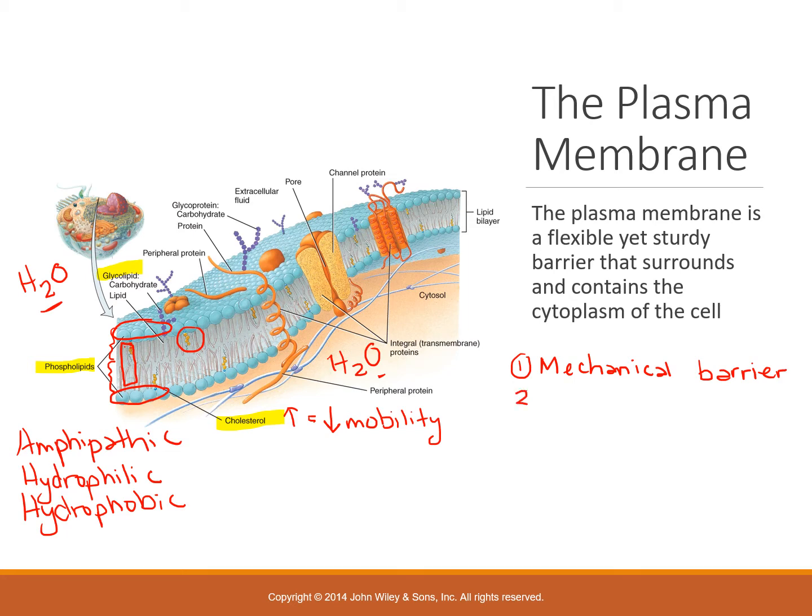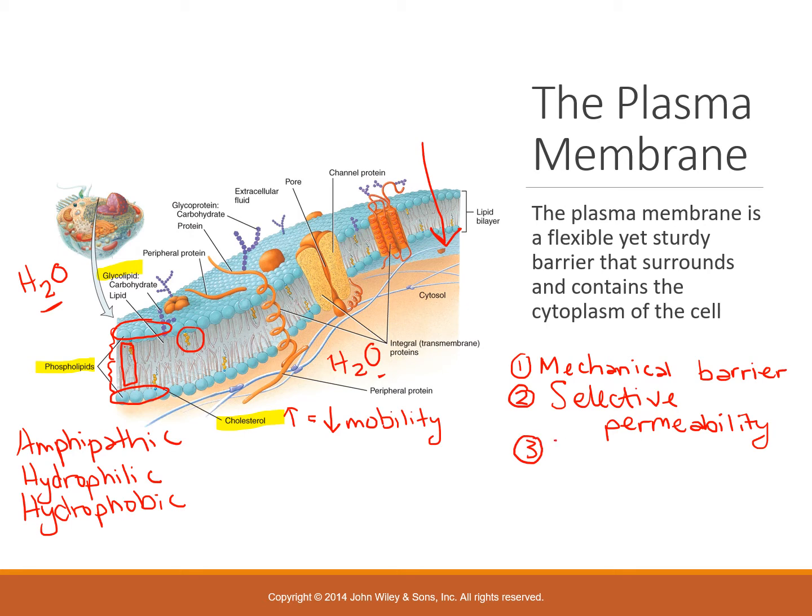The second one is going to be selective permeability. And what that means is that it doesn't allow everything to go through the plasma membrane. It's very selective in what it allows to go through into the cell's interior. And we will go a bit more into detail with that later as well.